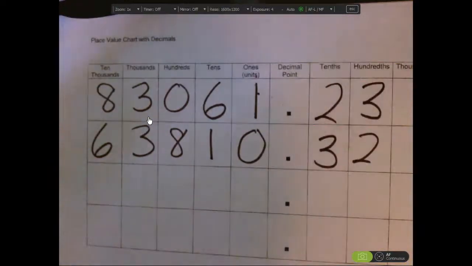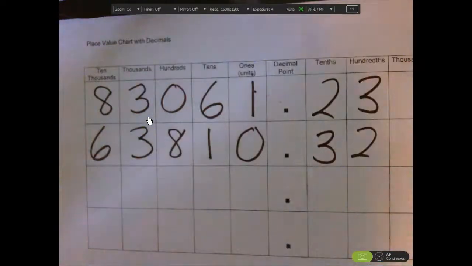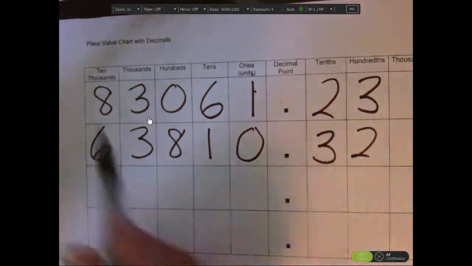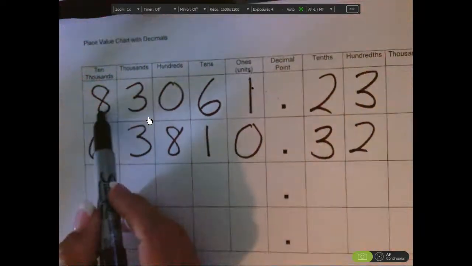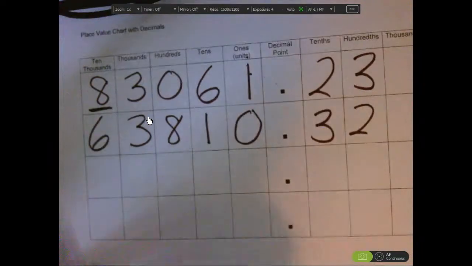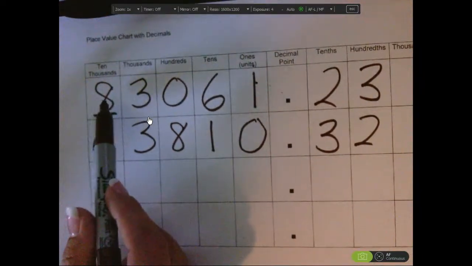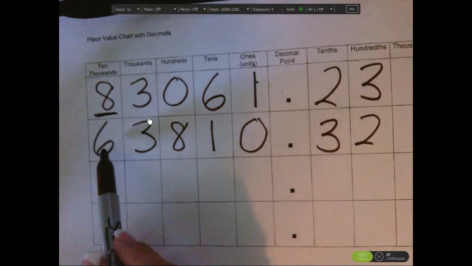And then we could see who won the place value contest by building the largest number. So we could see that this person won because they have an 8 in the 10,000s, and that would be worth 80,000, and this would be only worth 60,000.